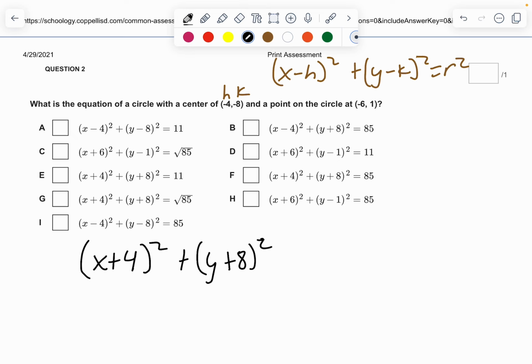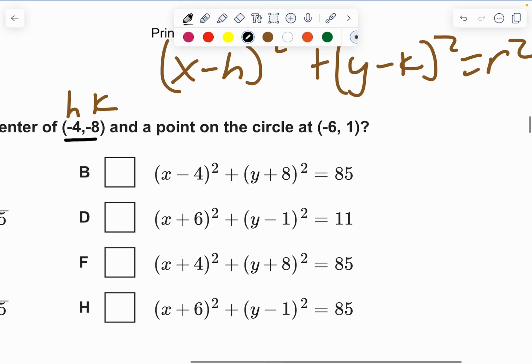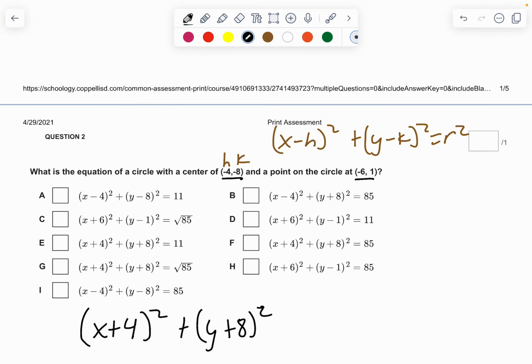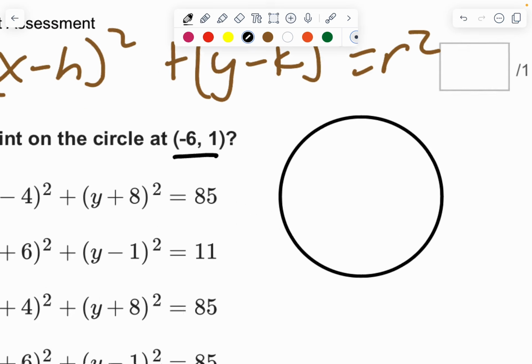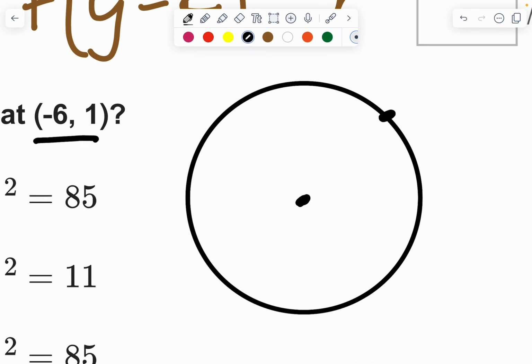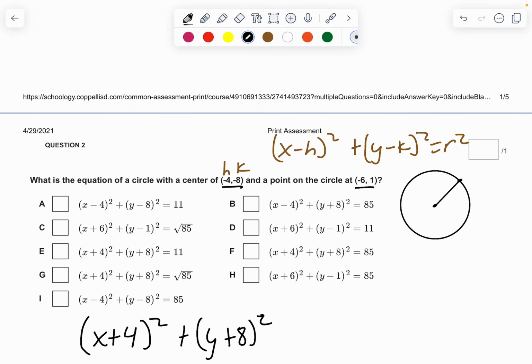And we need to know the radius. The radius is the distance from the center to the point, right? If I draw a circle, if this is the center and this is a point on the circle, the radius will be the length of that segment.